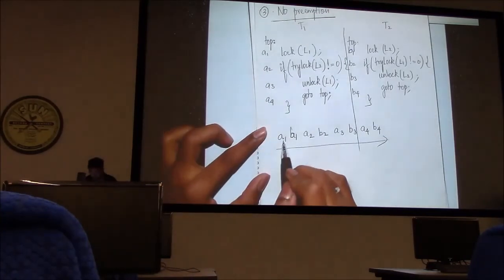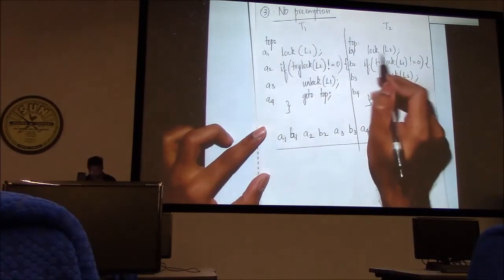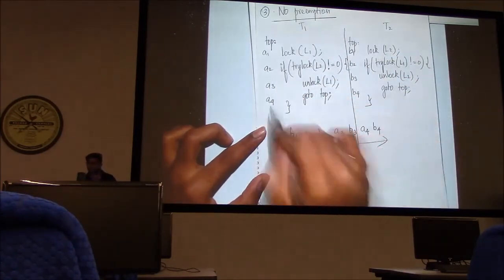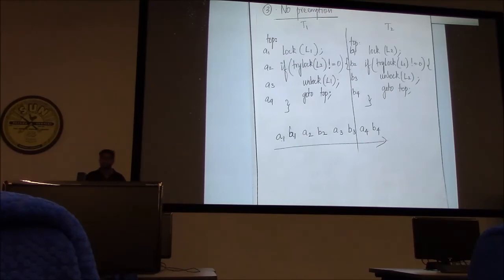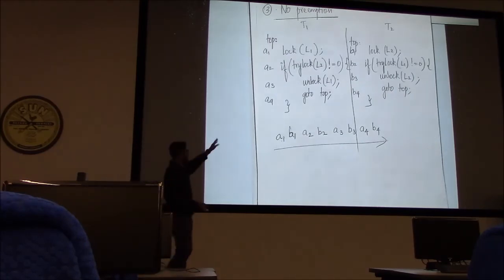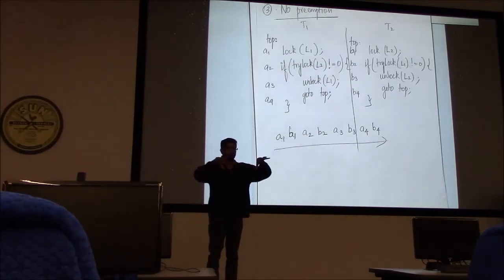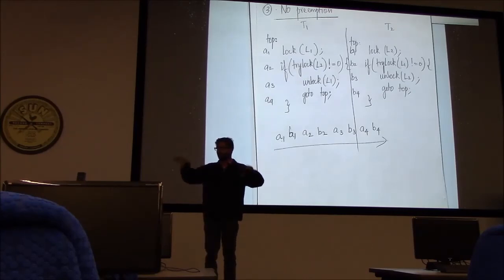So again, this will go and acquire lock L1, and at the same time this will acquire L2. If this sequence of events can happen, then it is not really a deadlock, because both the threads are not locked completely without making any progress. They are trying to make progress, but no real progress is actually made.